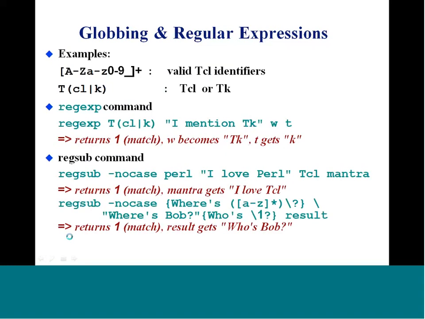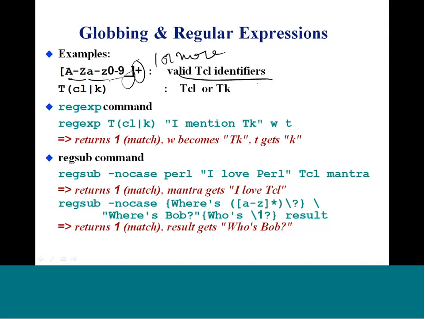So here are some examples of regular expressions. Here A through Z, lowercase a through z, 0 to 9, and then underscore, and when it is followed by plus, it is one or more.